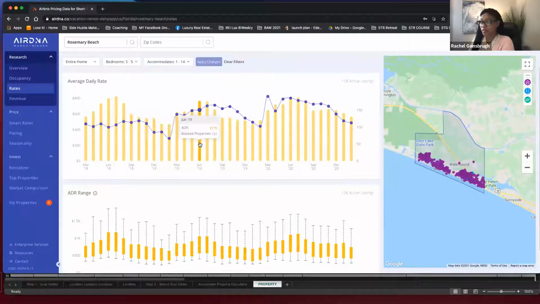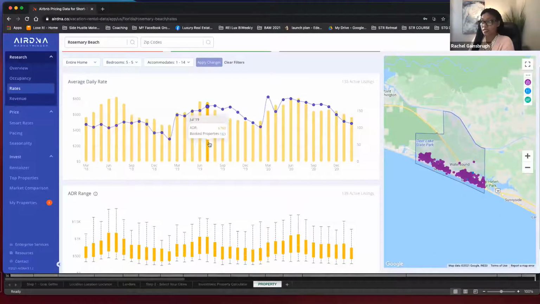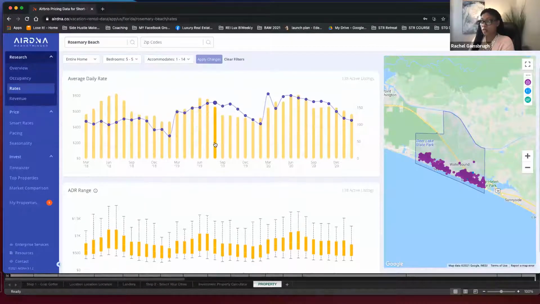And so in 2019, 770, 760, and 661 was the average daily rate. 2020, 797, 813, and 740 was the average daily rate.